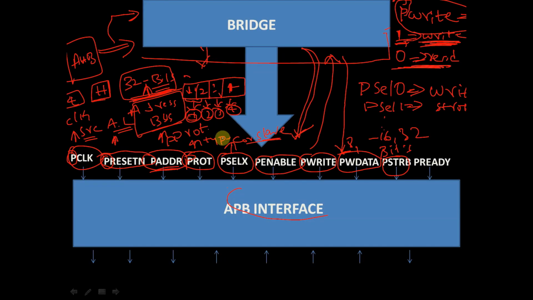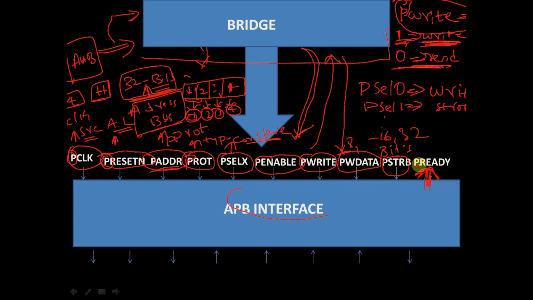Now, PREADY. The PREADY signal is an output signal from the APB interface. PREADY is used to extend an APB transfer by the APB interface.